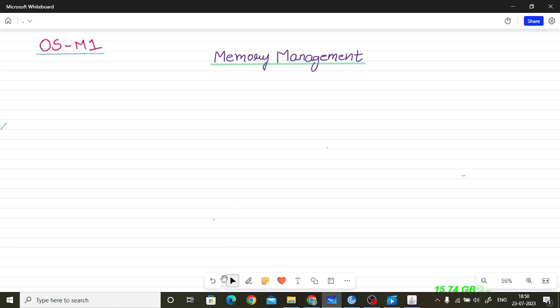As we all know, a functionality of our operating system is to manage the memory in such a way that our process will run smoothly. So how is memory managed?